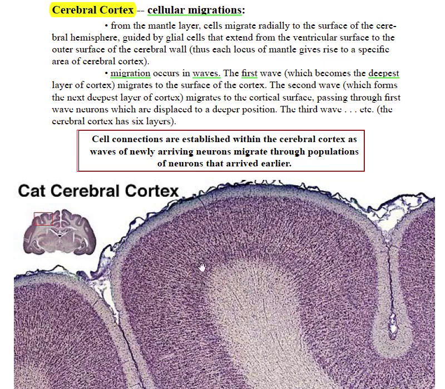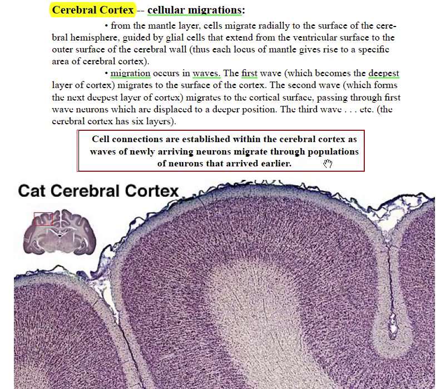Then the next wave of migration passed through the 6th and 5th to become the 4th layer. The 3rd wave passed through all of these to become 3rd and the 2nd. And so the cerebral cortex was formed by waves of migrating cells. And these cells established connections as they migrated through the cells that had arrived earlier.